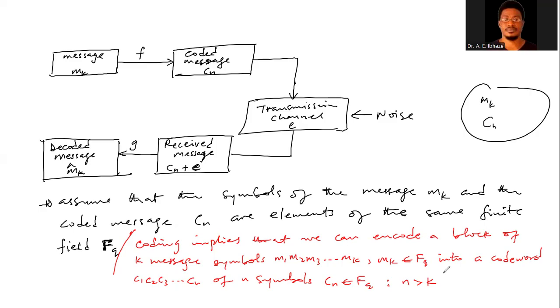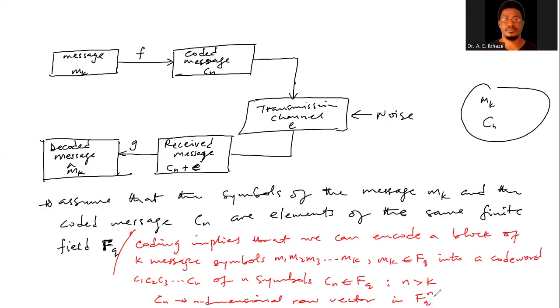Okay? So what we are now trying to say is that the code word in this case, which is Cn, is regarded as an n-dimensional row vector. Okay? So Cn is the same as an n-dimensional row vector in the field F cardinal Q length n.